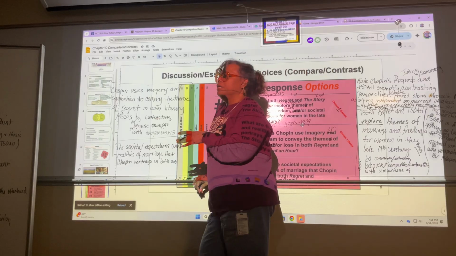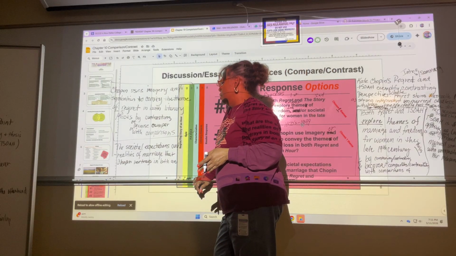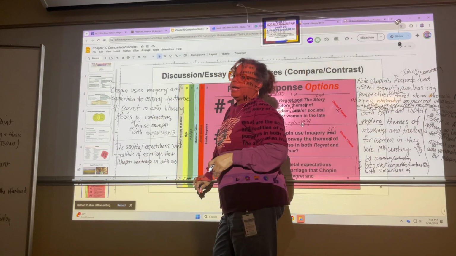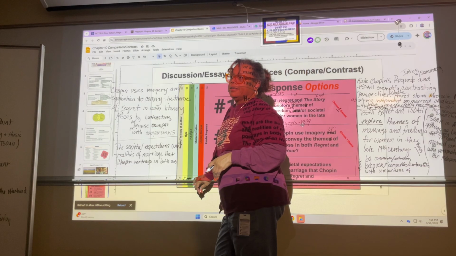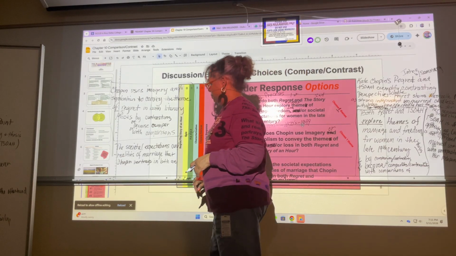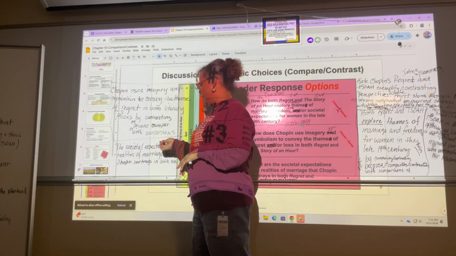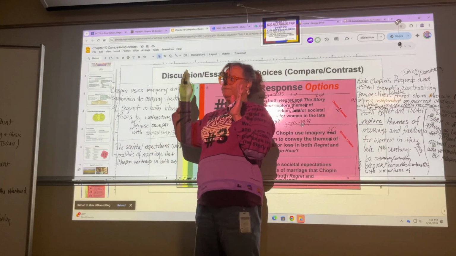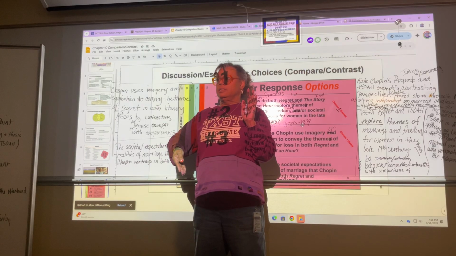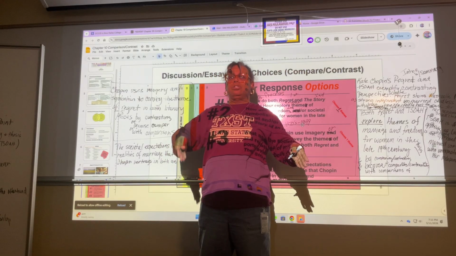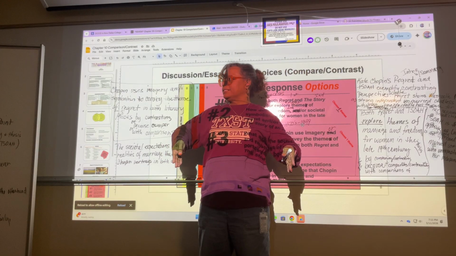This one is so simple because you need to just come up with the societal expectations and realities, right? So listen. I didn't tell you how many to list, but if the societal expectation is this and the reality is that, you need to give both. Does that make sense?